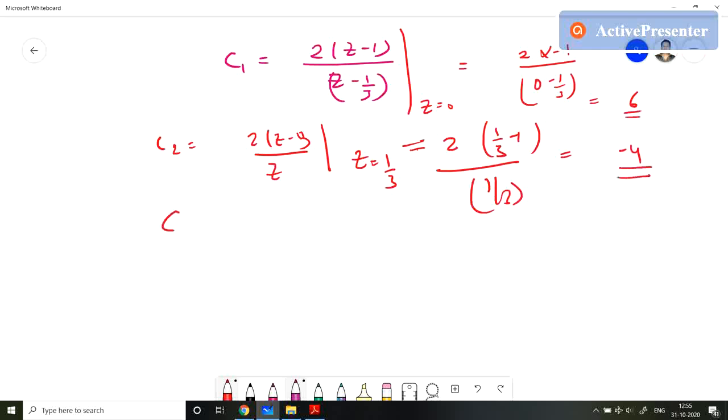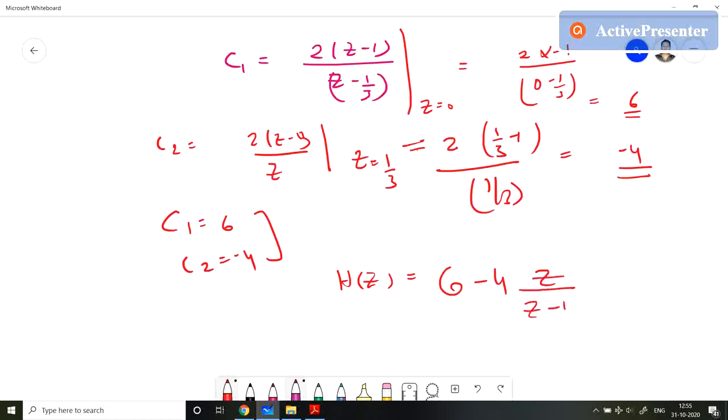So C1 is 6 and C2 is minus 4. So H(z) is written as 6 minus 4z divided by z minus 1 by 3, and the ROC is modulus z greater than 1 by 3.